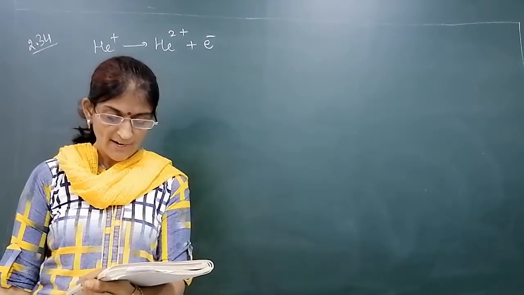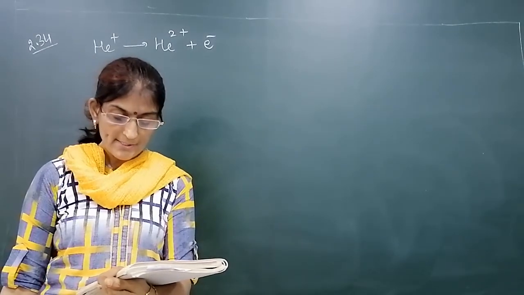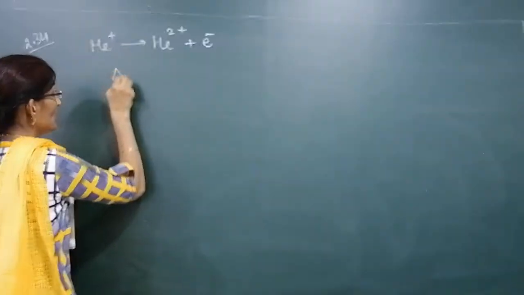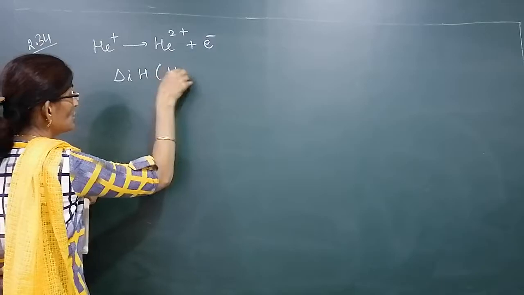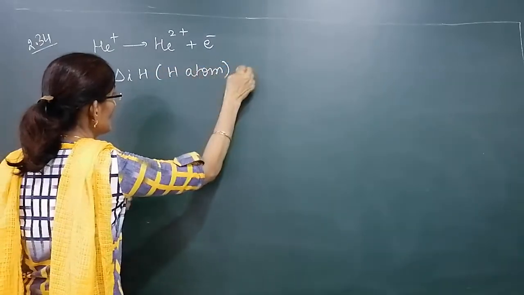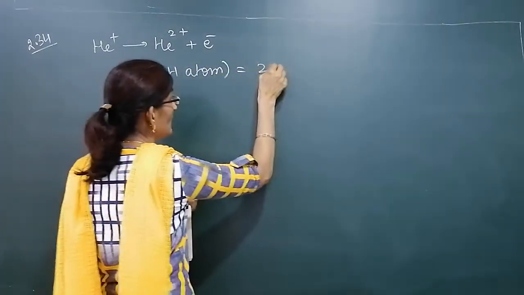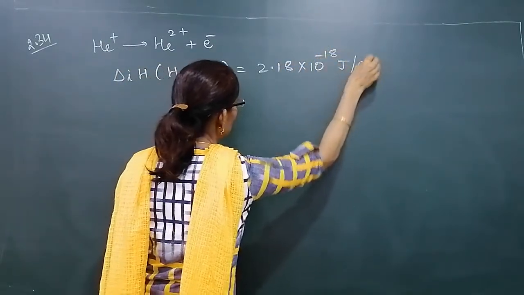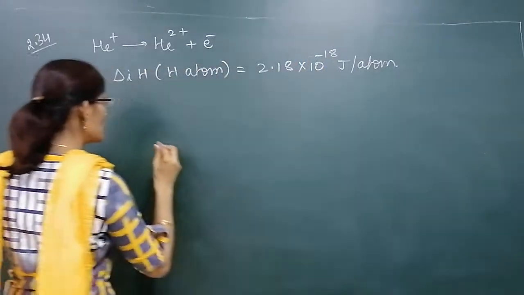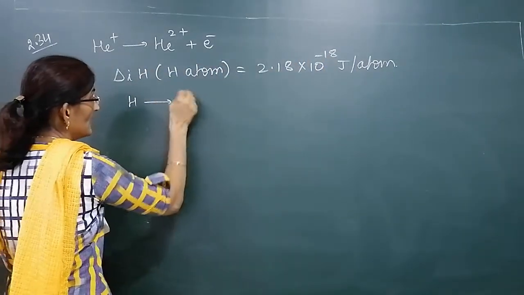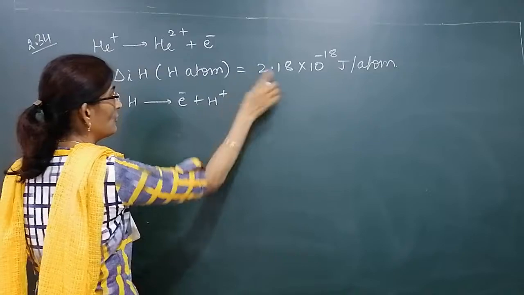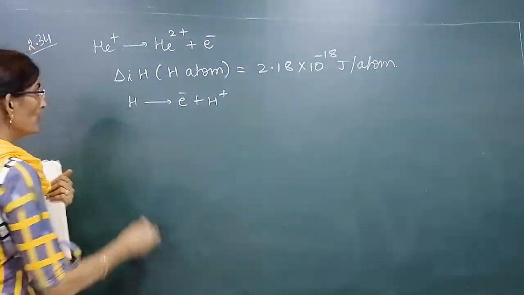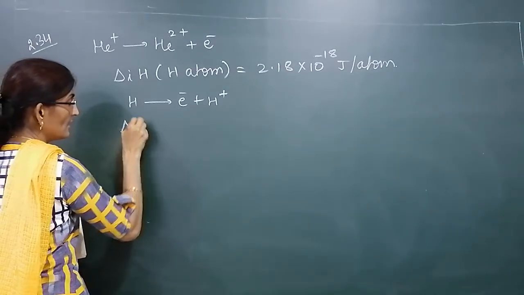Ionization energy of hydrogen atom in the ground state is 2.18 into 10 to the power minus 18 joule per atom. Ionization of hydrogen means H gives 1 electron and forms H plus. Energy required for this is 2.18 into 10 to the power minus 18. What is the formula for ionization energy?